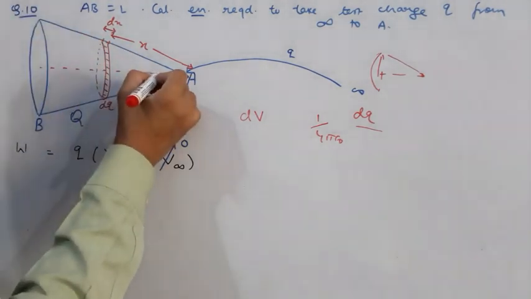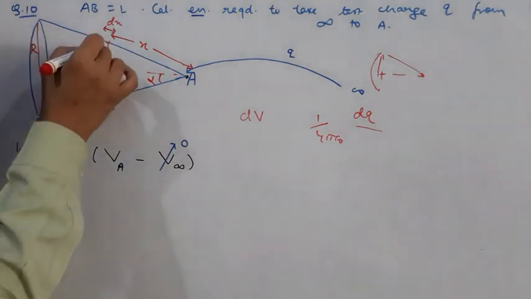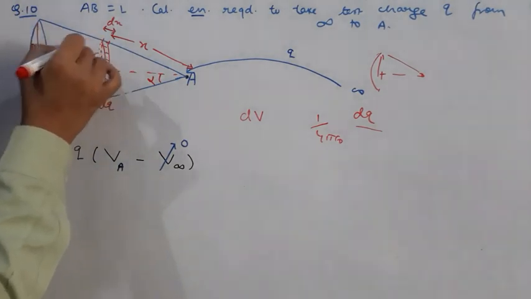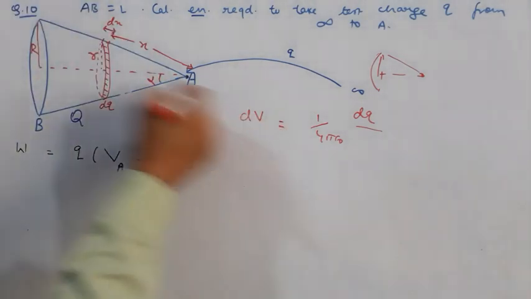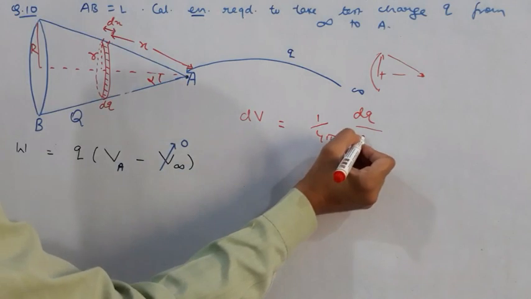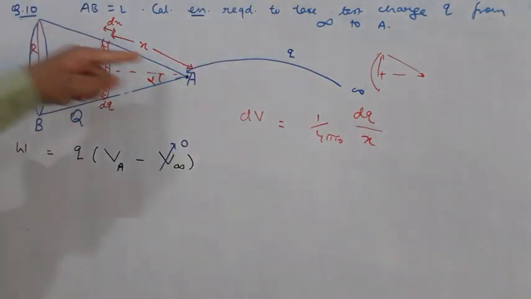We choose this angle as alpha. This radius we take as capital R, and this small radius we take as small r. So this distance is x. So the potential is 1 by 4 pi epsilon naught times the charge on this ring divided by x.